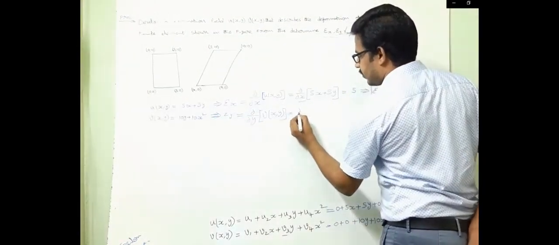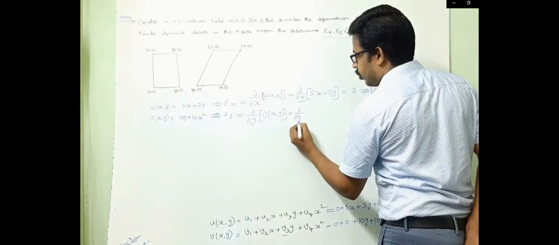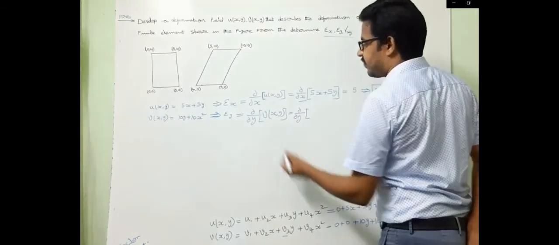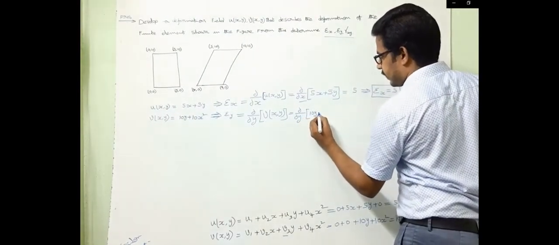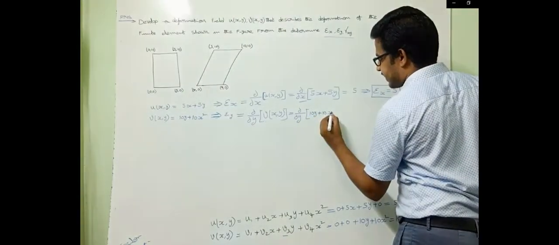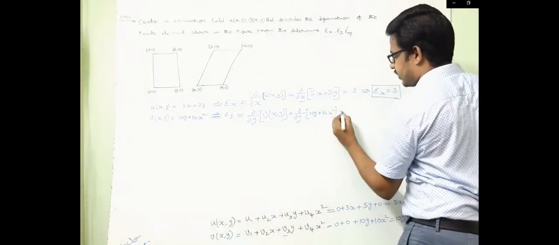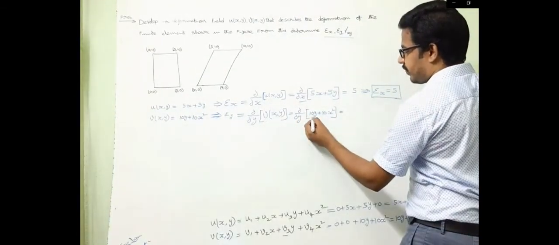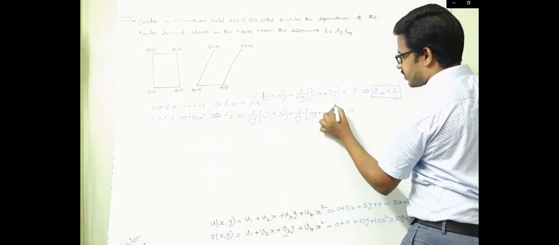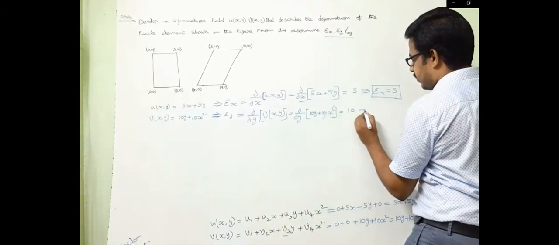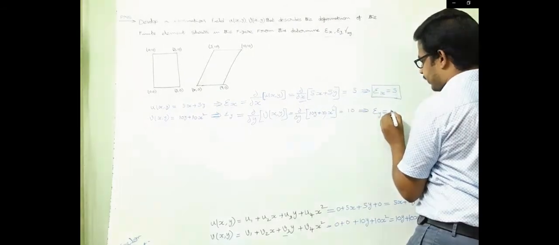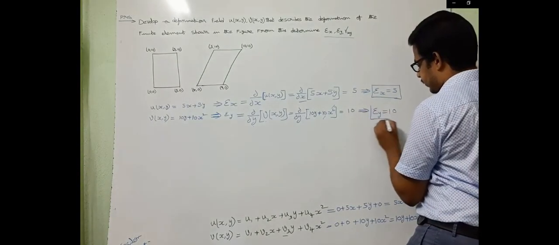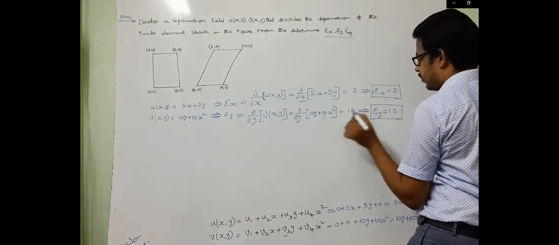So it equals dou by dou y of v of xy, which is 10y plus 10x square. The dou by dou y of 10y means 10. This is the constant term, that is 0. So here epsilon y is equal to 10.